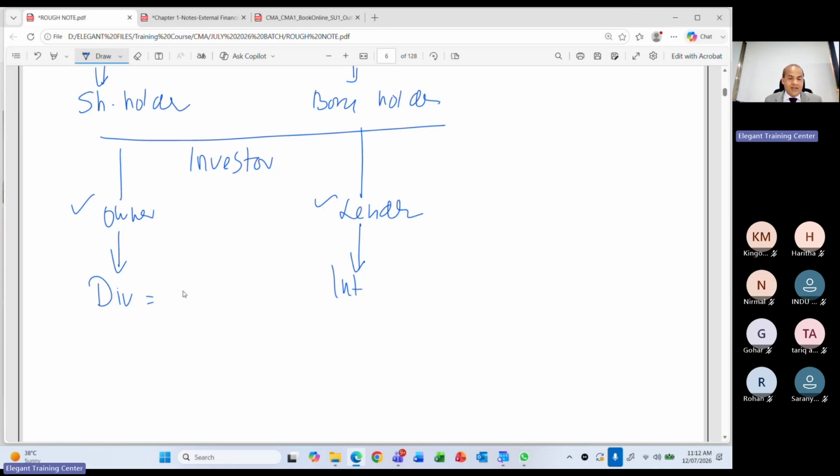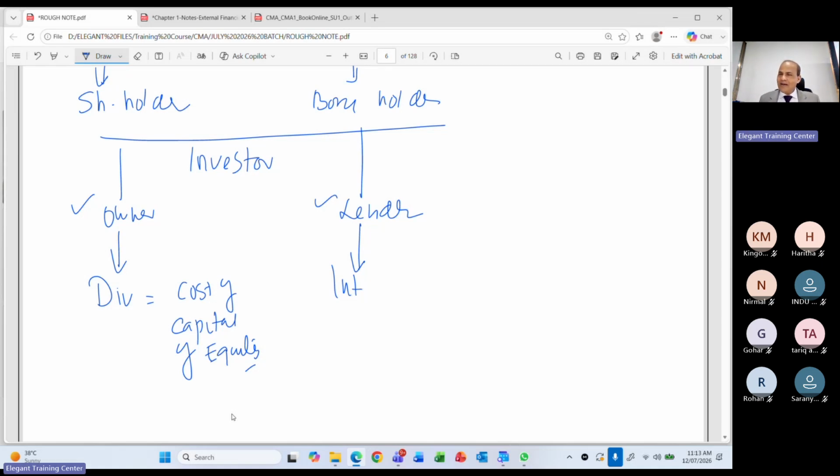So dividend is the cost of equity capital. Repeat with me: dividend is the cost of equity capital. And interest is the cost of loan capital.